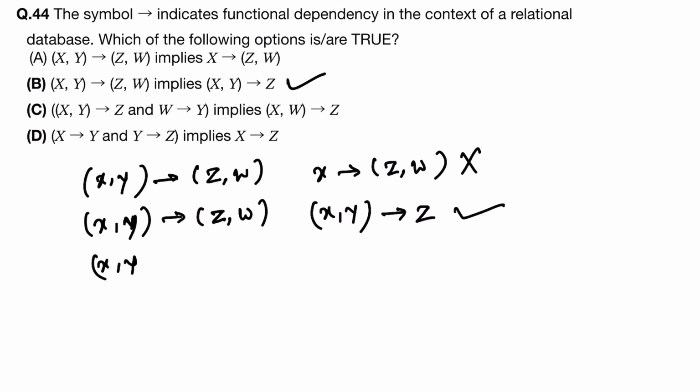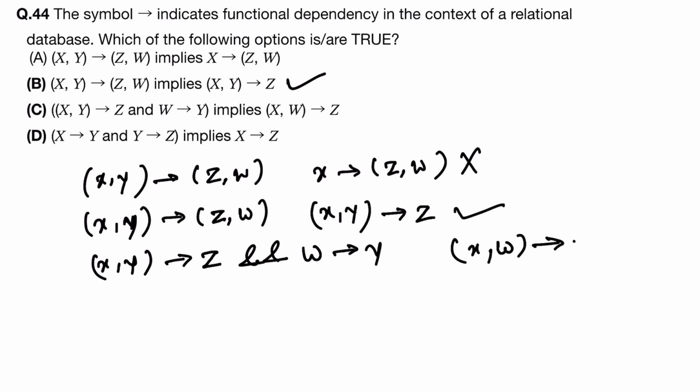Next, XY to Z and Y to W, then it is telling XW to Z. So see, from XY we are going to Z and from Y we are going to W, so we can write this one like XW to Z, because from W only we are going to Y, no?